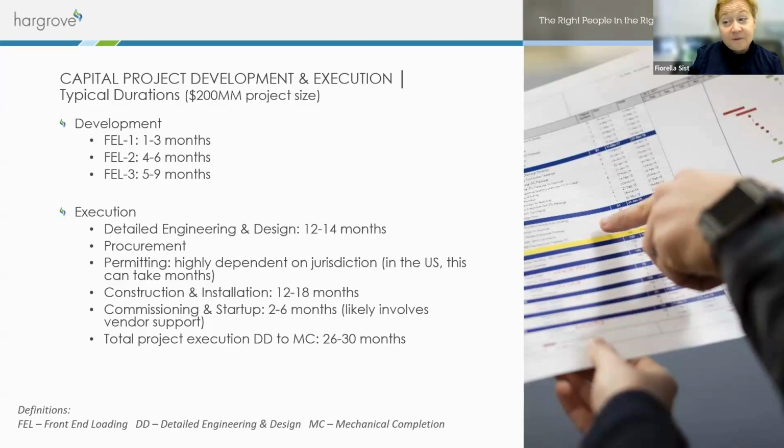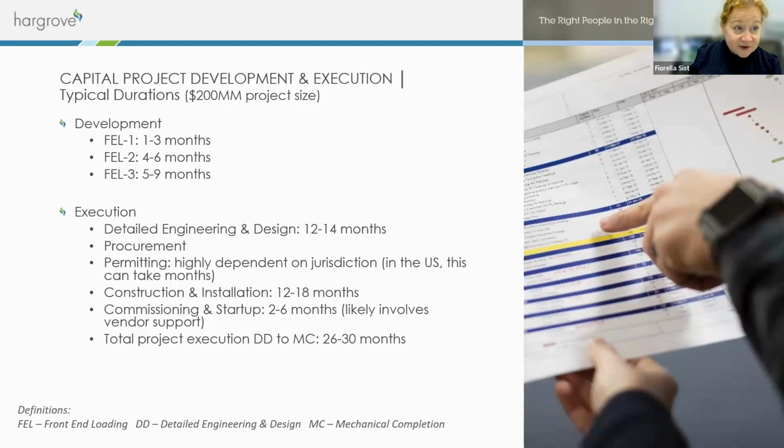Now, at the FEL3 stage, right? This is your plus or minus 10% for FID. This is your financial decision of going forward. This is what your investors will definitely need to have. 5 to 9 months, right?